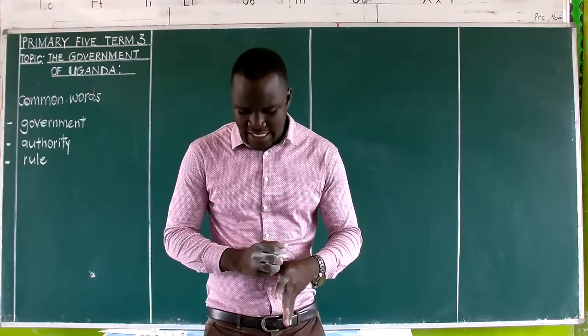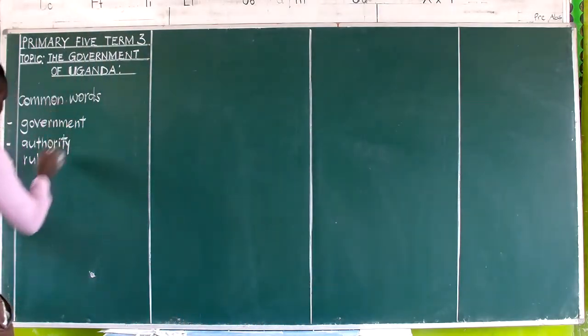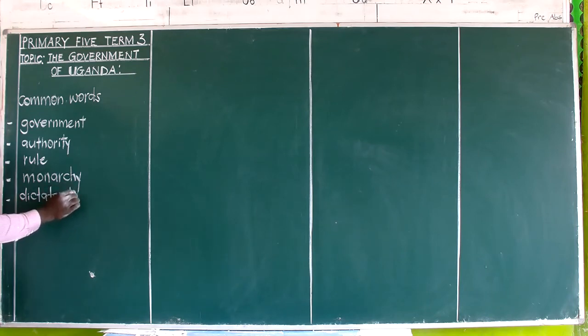The other words that we are going to look at are monarchy, dictatorship, and citizenship in this very topic.